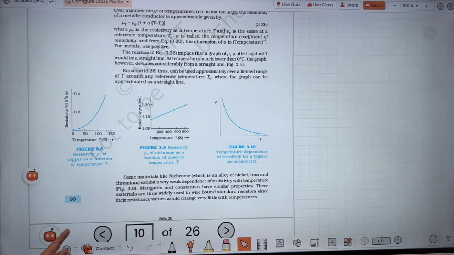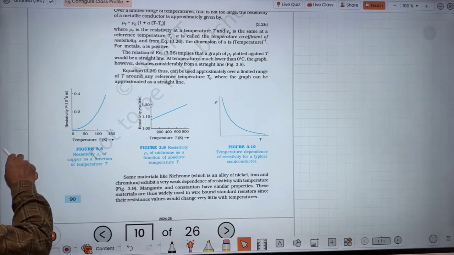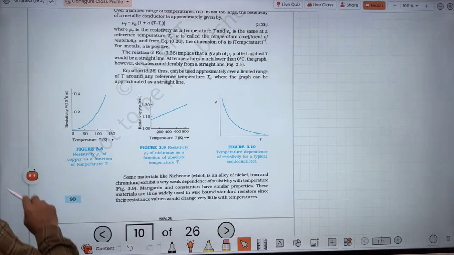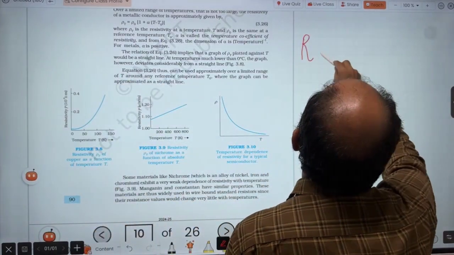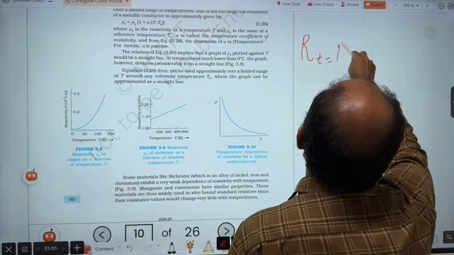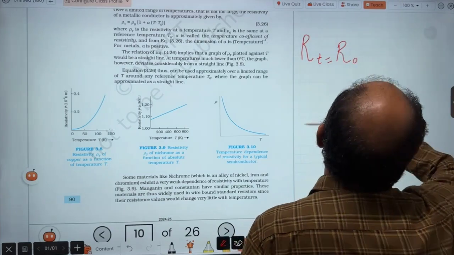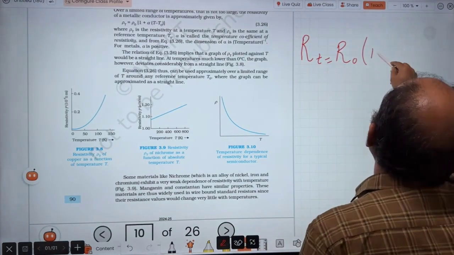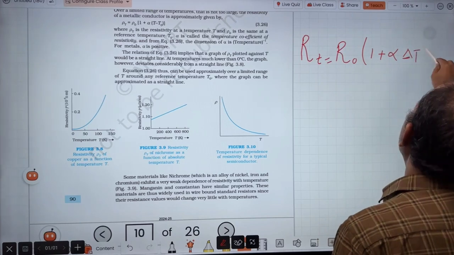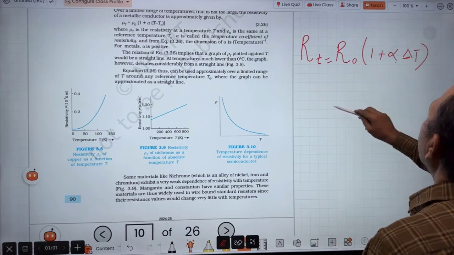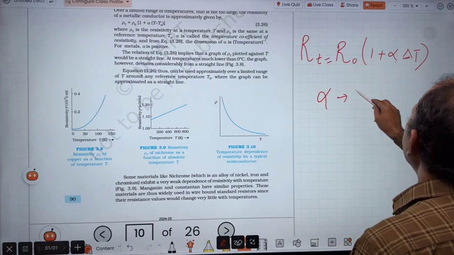The temperature coefficient of resistance we will also consider. The important relation for resistance is that resistance at a certain temperature is given by resistance at 0 degrees times 1 plus alpha times delta T, where delta T is the temperature change and alpha is the temperature coefficient.